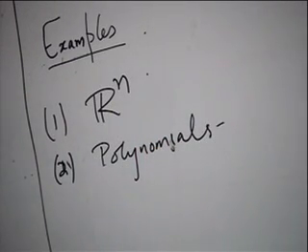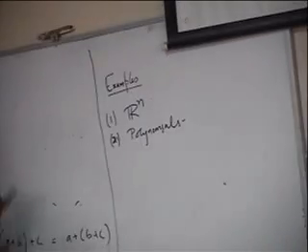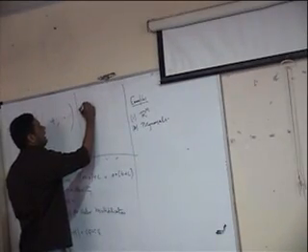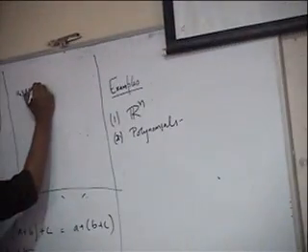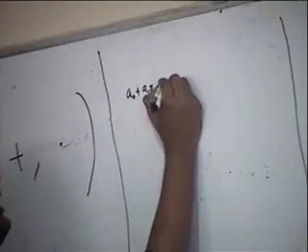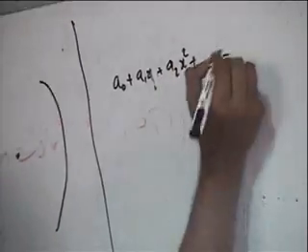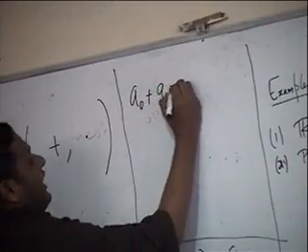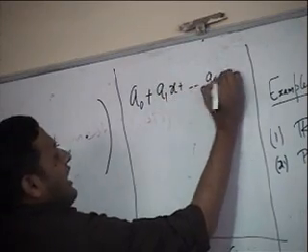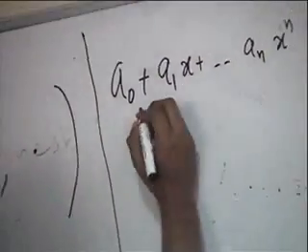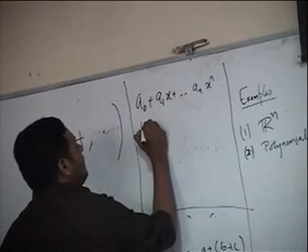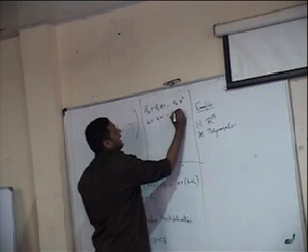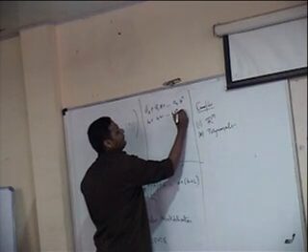Okay? You can add two polynomials, right? So suppose, say for example, there is one polynomial of the form a0 plus a1x plus a2x squared, etc., up to an x power n, and another, b0 plus b1x plus etc., up to bm x power m.